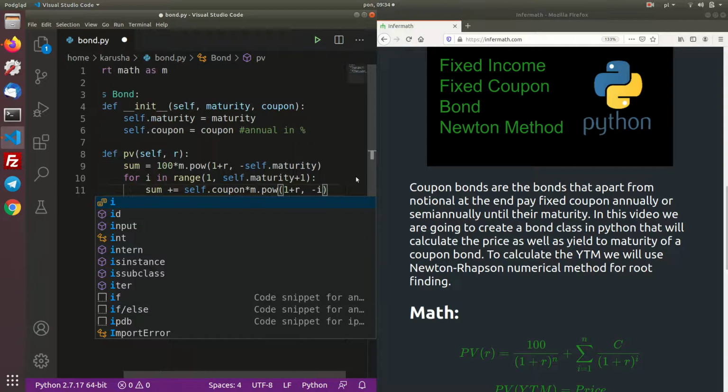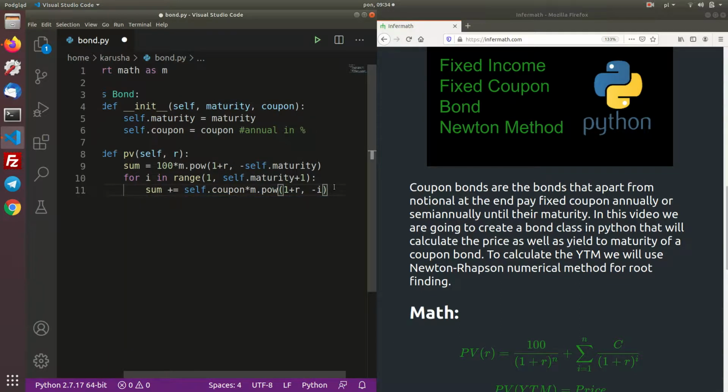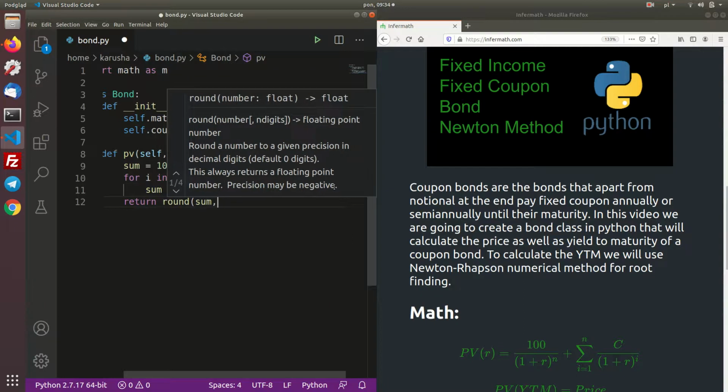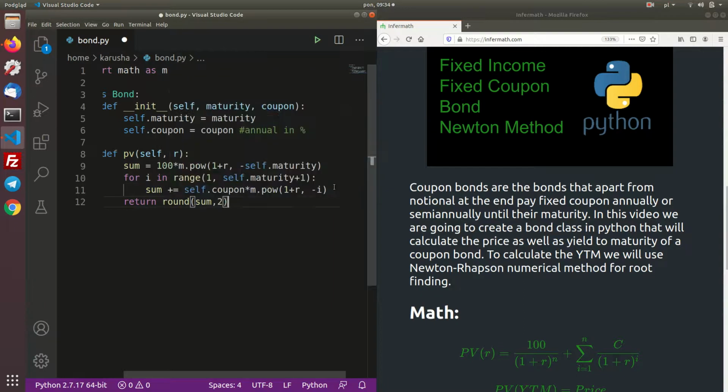So in our case this would be simply i. And we're gonna return obviously sum. Let us for clarity round it up to 2 decimal places. Okay, so we have this method.